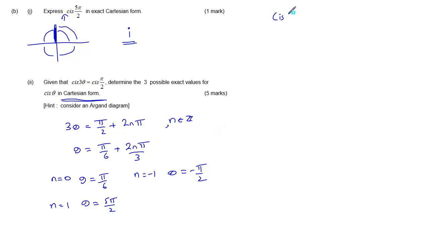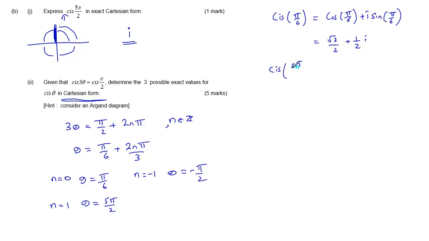So, cis pi by 6 is equal to cos pi by 6 plus i sine pi by 6, which is root 3 over 2 plus a half i.